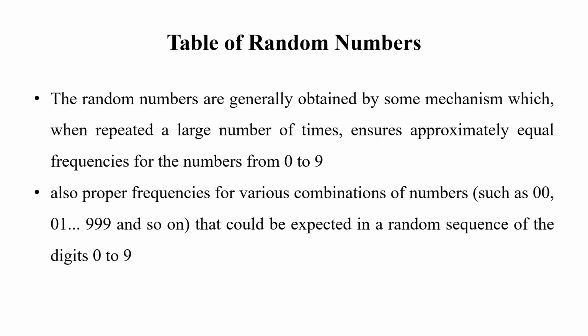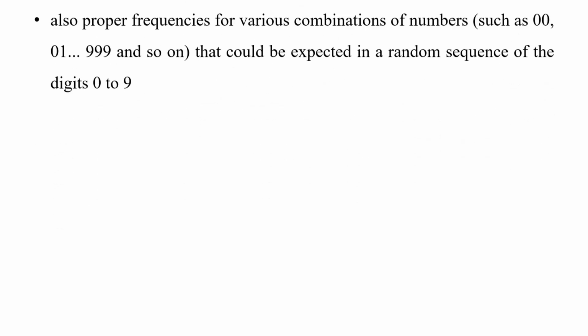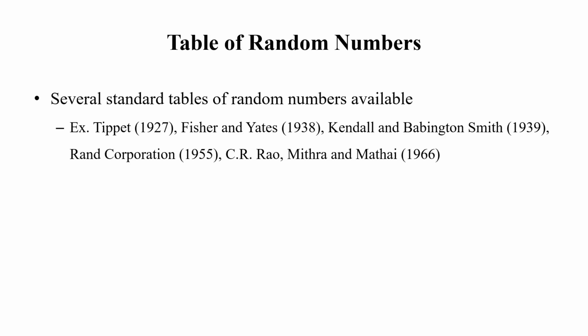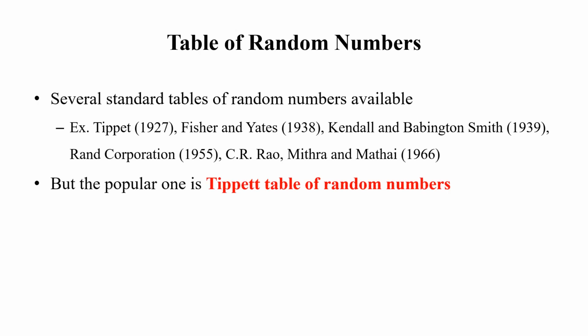But basically it is expected to be a random sequence of digits 0 to 9. There are several standard tables of random numbers available. For example, Tippett, Fisher, C.R. Rao, Mitra, and Mati. But the popular one is Tippett's table of random numbers.